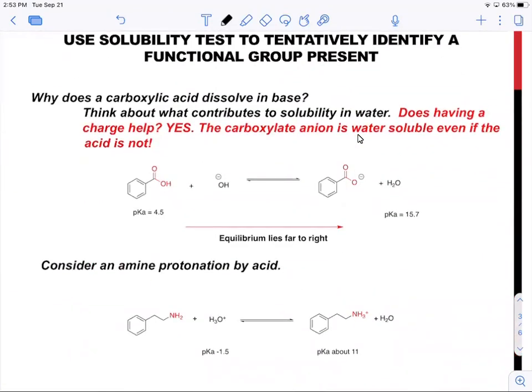So let's go a little more into detail into the chemistry of why we can use solubility in aqueous solutions at different pHs to say something about the presence of these acidic and basic functional groups. For instance, let's revisit the carboxylic acid. The carboxylic acid shown here is benzoic acid, and you'll notice that it has 7 carbons. So we would expect it to be insoluble in aqueous pH 7.